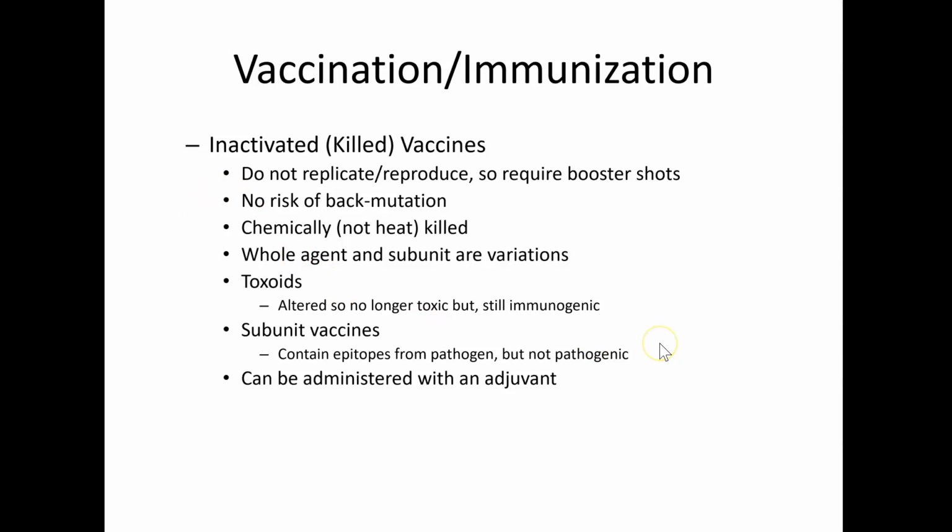A lot of times, at least in the past, inactivated vaccines or killed vaccines have been administered along with an adjuvant, but adjuvants have kind of gone by the wayside.